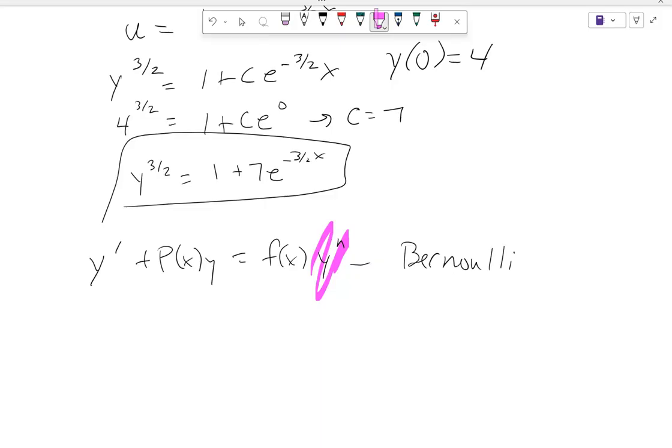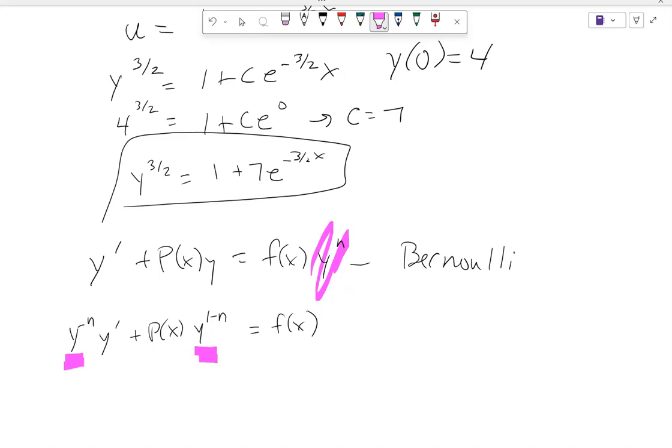So just to mention that in general, if I move this to the other side, then this piece right here almost looks like the derivative of that piece right there, right?